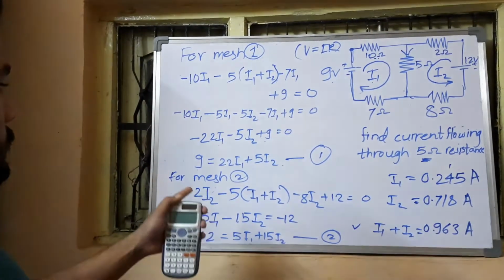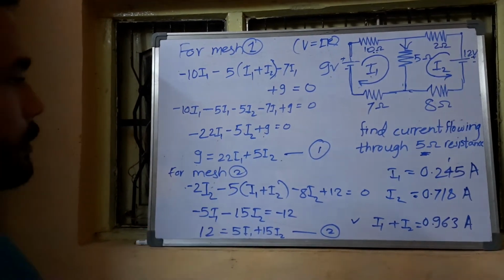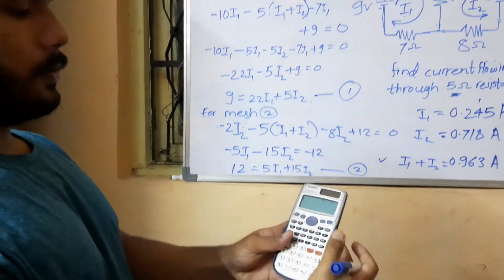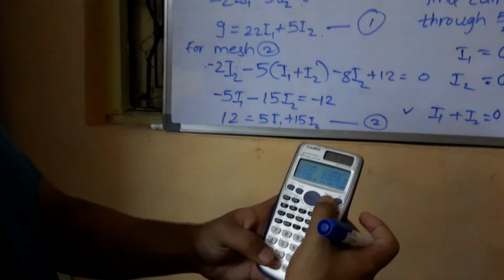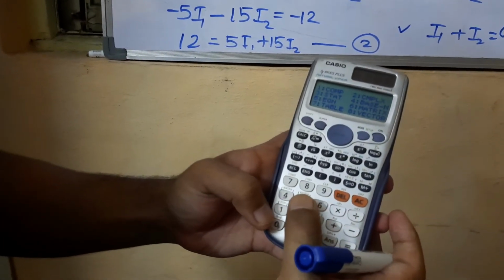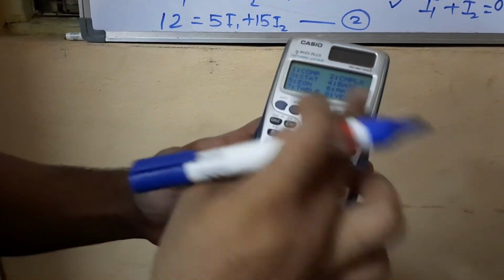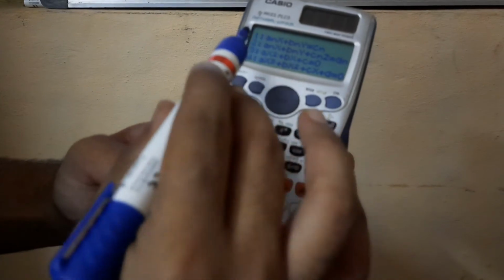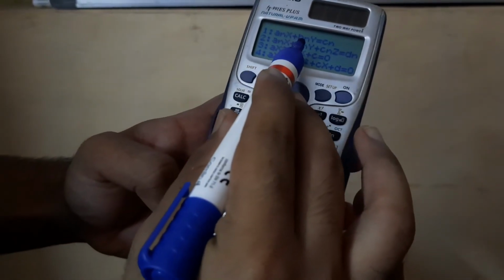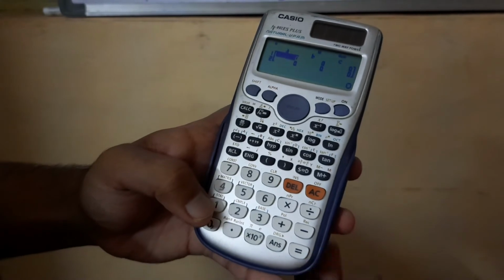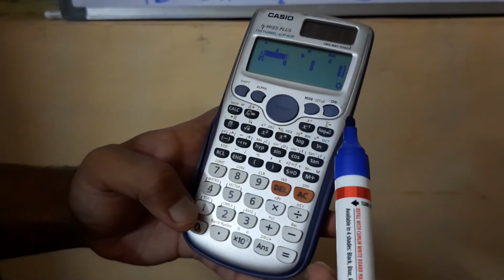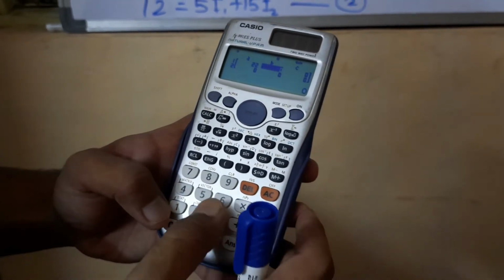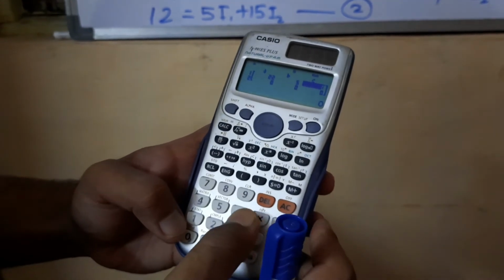How did I get these values? Look at this calculator: go to the mode, then go to EQN, then choose the type of equation we have, AnX plus BnY is equal to Cn. Then write down the values. For the first equation it is 22, 5 and the third term is 9.